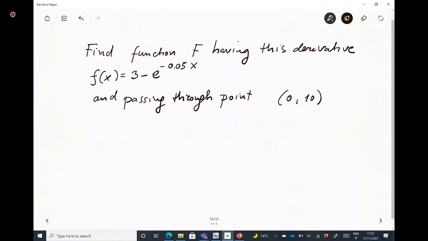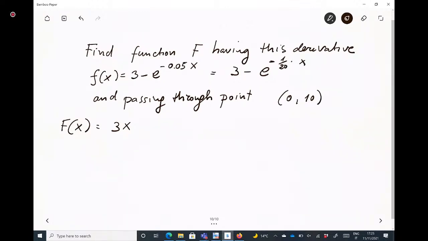Okay? So first of all, we have to find the family of functions having this as a derivative and express it. Of course, this can be written as 3 minus exponential of minus 1 over 20 times x. Okay?